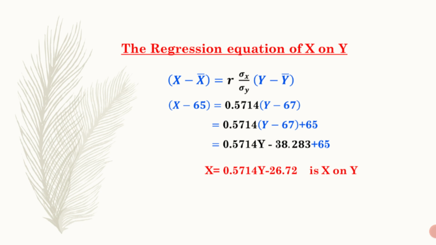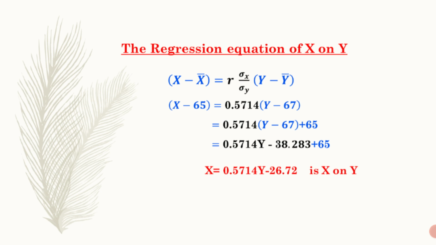We want to keep x on the left-hand side and take the remaining terms and constants to the right-hand side. So finally we get the x on y equation, substituting x bar as 65, r into sigma x by sigma y as 0.5714 and y bar as 67.